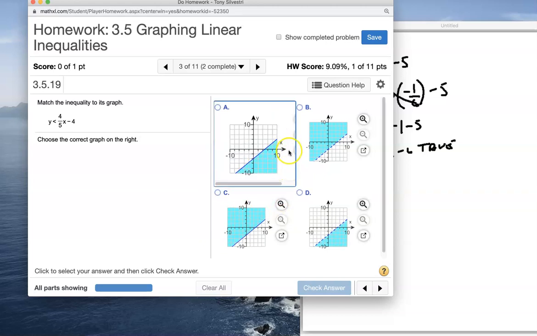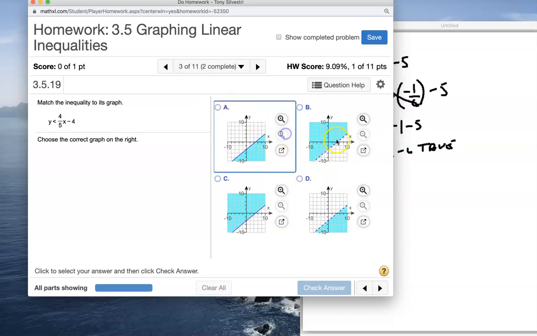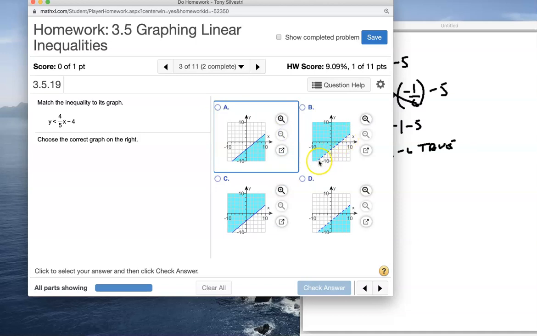Any graph with a solid line would be wrong, because if there's a solid line in the graph, that means you want to include the points that are on that line. But there is no equals there. You don't want to include those points. So you want solutions that have a dashed line, because dashed lines indicate no equality to the line at all.